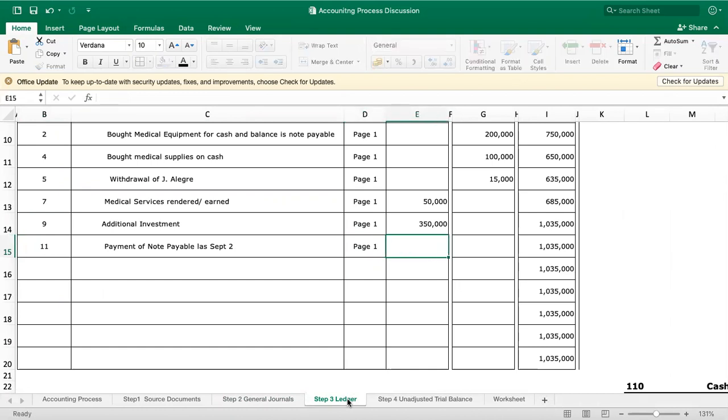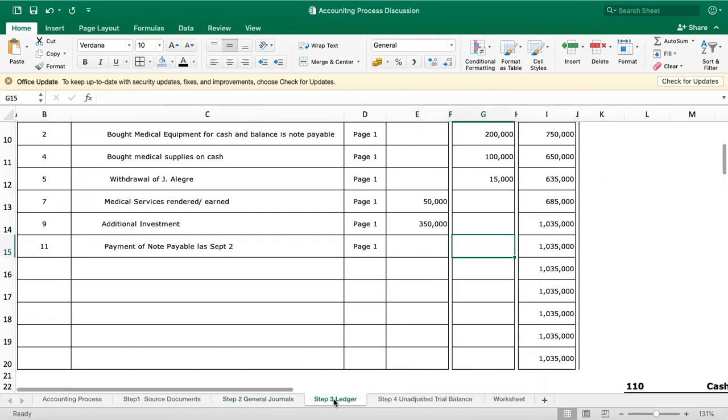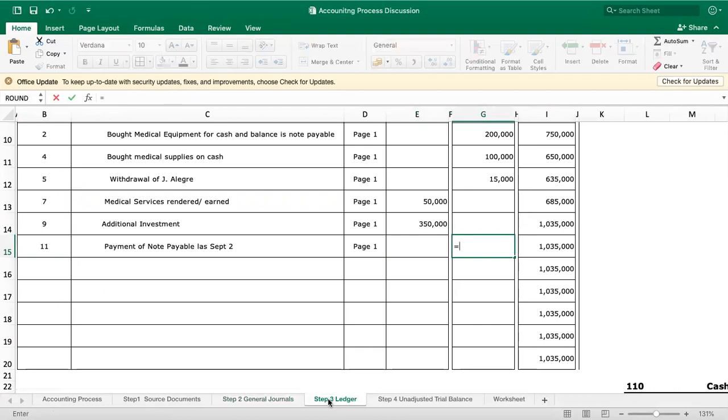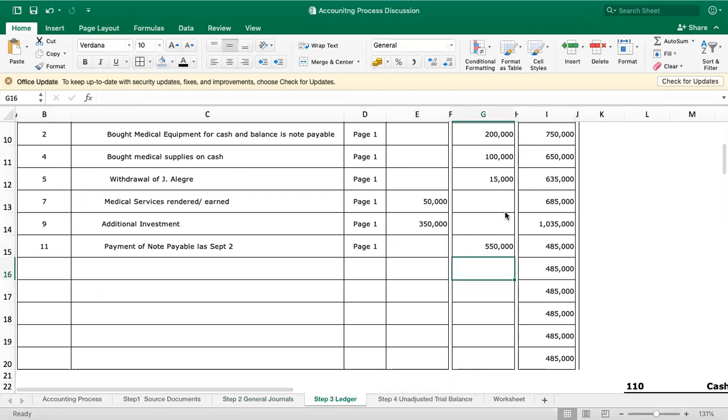Still on page 1, debit credit, our cash on hand is credited here. So credit 550,000. Therefore, we put the amount in the credit column, 550,000. So our balance now is only 485,000.